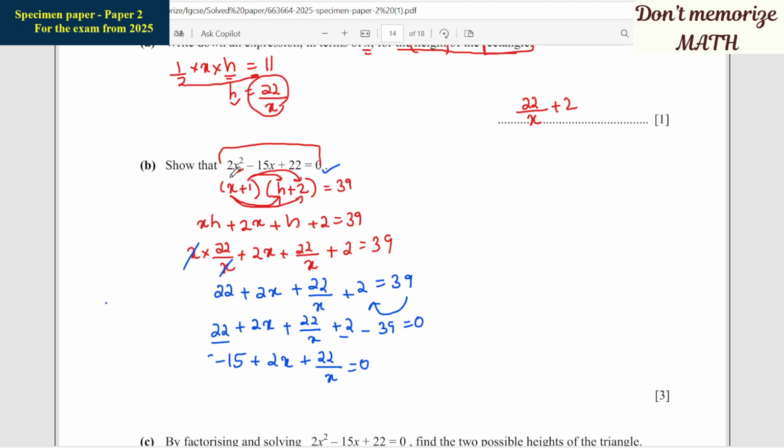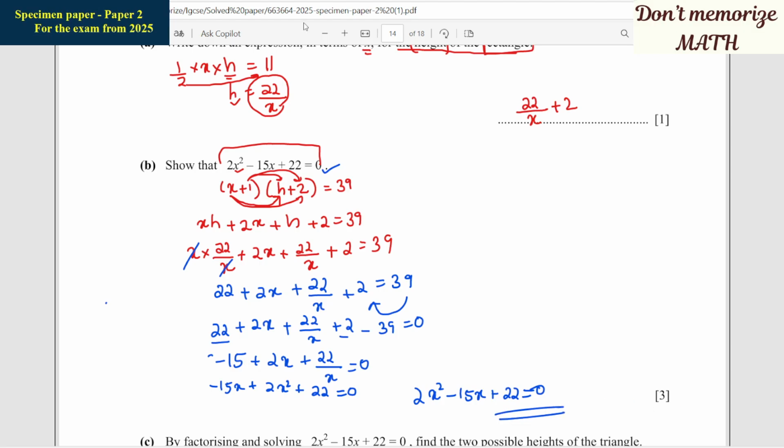Now we have to multiply all these terms by x, because there is no x in the denominator. So we'll get minus 15x plus 2x square, then 22 over x multiplied by x. So x and x will cancel. You will get just 22 equal to 0. We'll rearrange like this: 2x square minus 15x plus 22 equal to 0. This is the final answer.